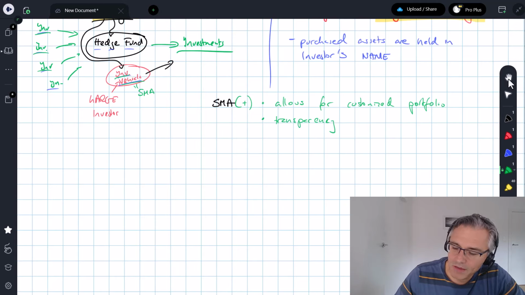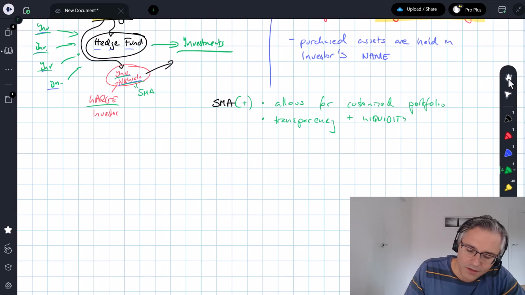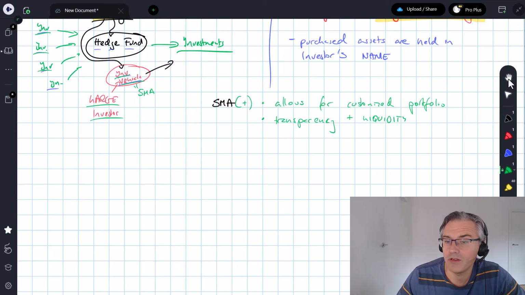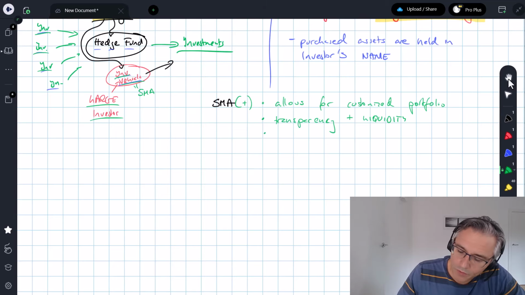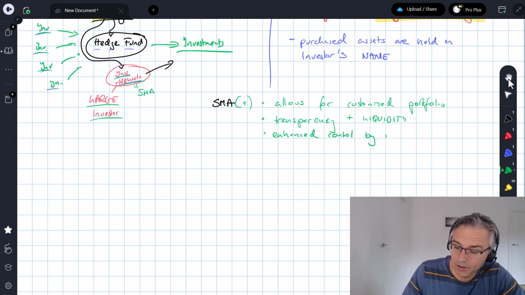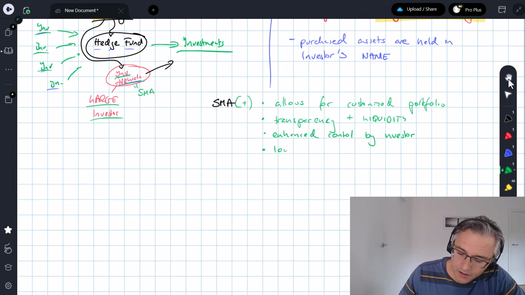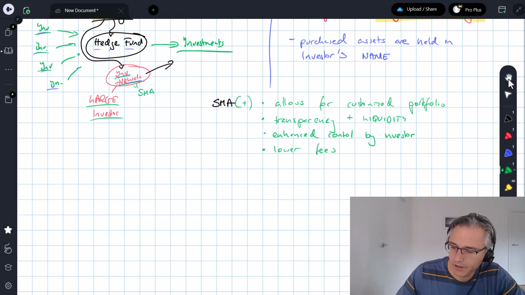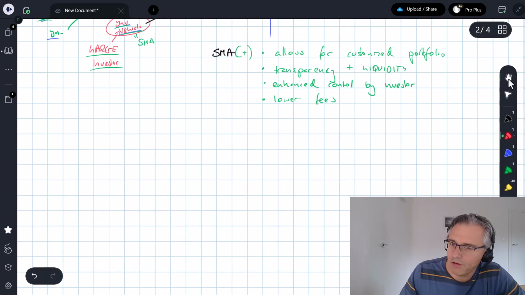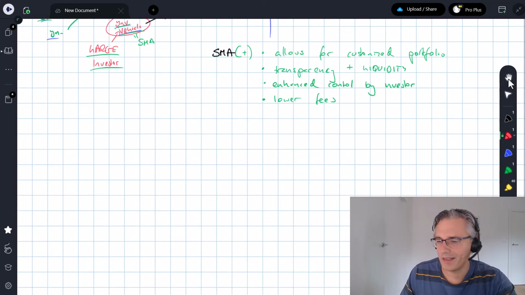Better transparency, but also better liquidity, because ultimately the large investor can at any point decide to liquidate certain positions, and it goes from their own account. What is more, enhanced control exercised by the investor, and typically lower fees as well, although that's going to be very structure specific.